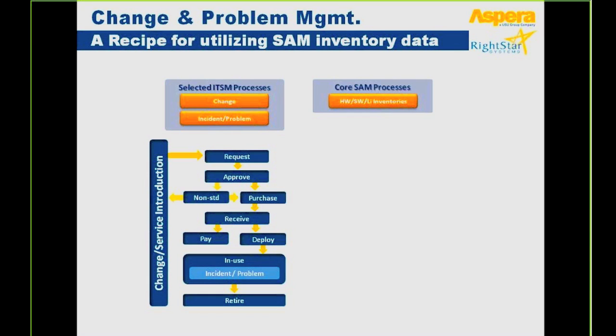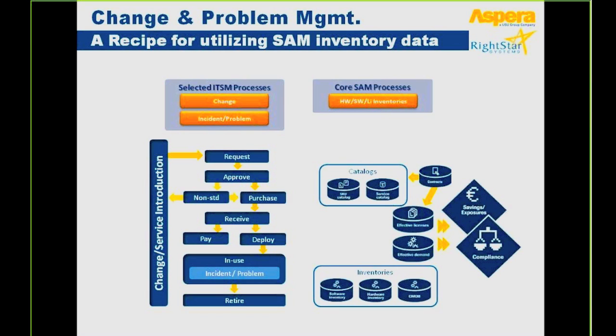Adding software asset management data to this process will give you the following advantages. The first advantage would be if you integrate the master catalog from Aspera, the SKU catalog that has all the product use rights, with your service catalog, because then every item that is requested based on the service catalog is already defined from a software asset management standpoint.